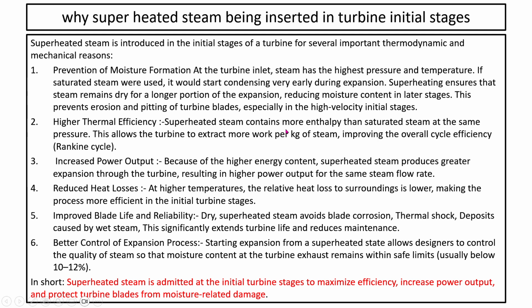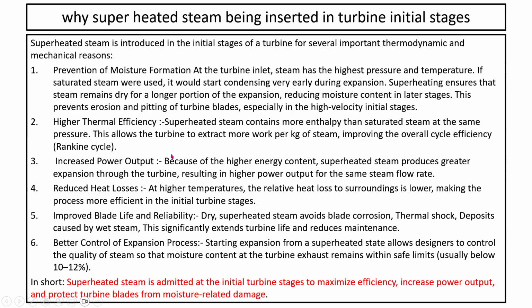Then the second one is high thermal efficiency, because we know superheated steam has more enthalpy, so your efficiency will increase. Output will also increase, because superheated steam has more enthalpy. Your power output is also going to increase.